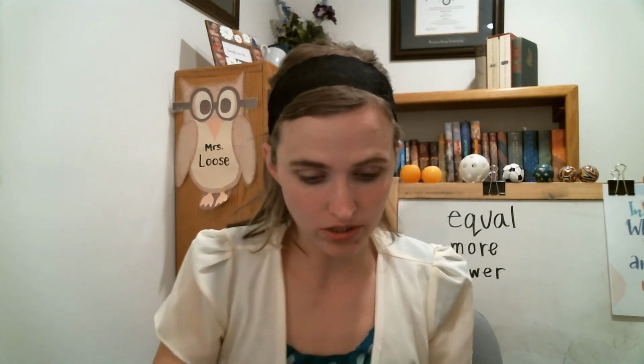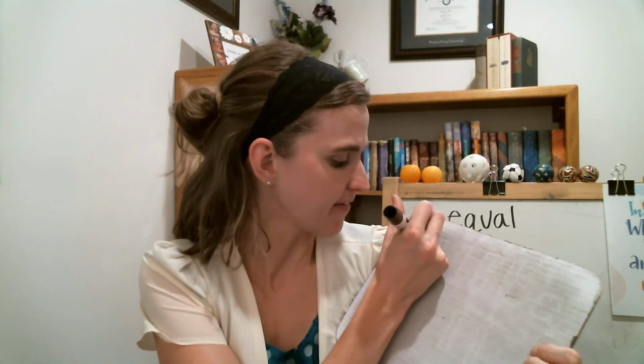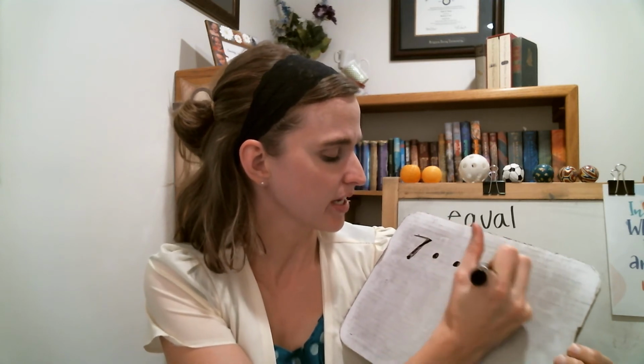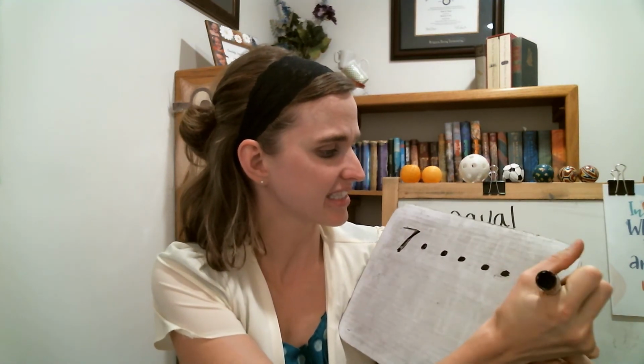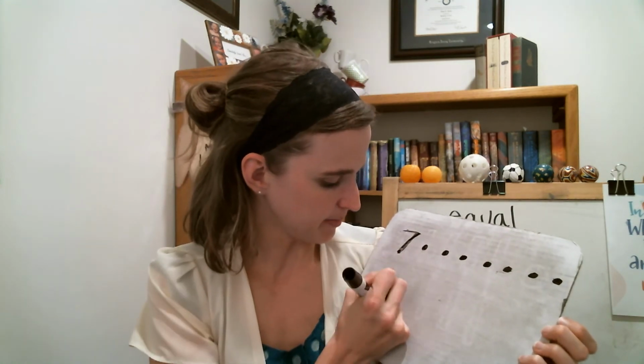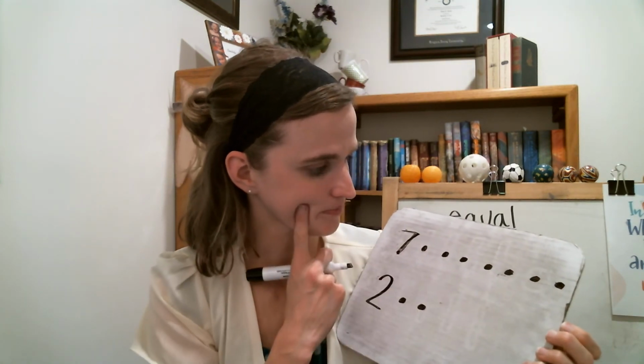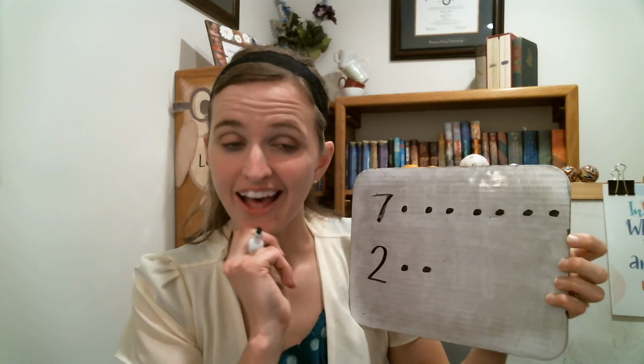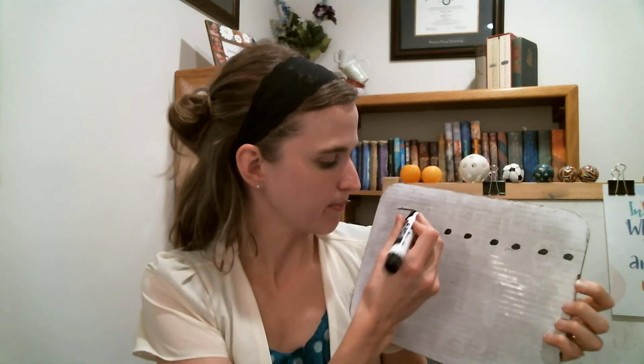Who has greater? If you don't know, get a piece of paper and draw it out. Like maybe you're looking at this one and you're like, I can't remember. Well, I know 7 looks like this. So 7, 1, 2, 3, 4, 5, 6, 7. And 2 is this many. 1, 2. Maybe the picture just lined up like this, you can see. And then you know. If you don't, you can match them.